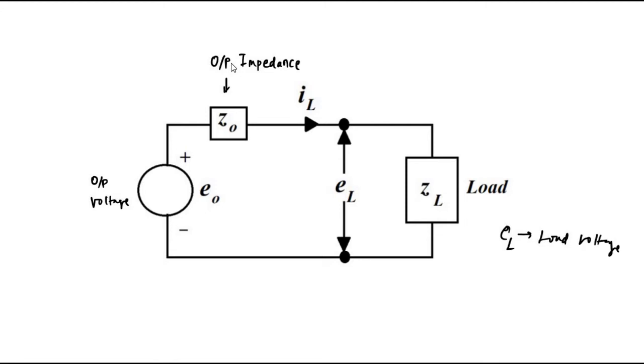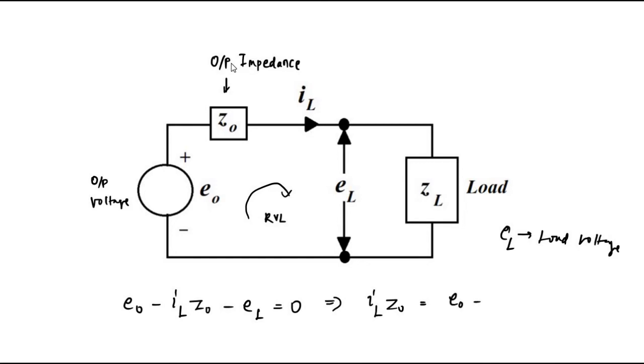Now when we apply KVL in this loop, we get E0 minus IL Z0 minus EL equals 0, or IL Z0 equals E0 minus EL, or we can write the output impedance Z0 as (E0 minus EL) divided by IL.